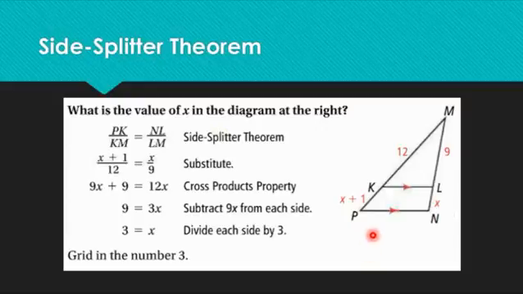I'm going to substitute the lengths in for each of those sides, and then solve the proportion. I'm going to cross multiply and get 9x plus 9 equals 12x. If I subtract 3x from both sides, I get 9 equals 3x. Divide both sides by 3, and I get x equals 3.